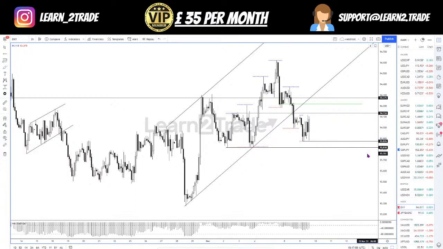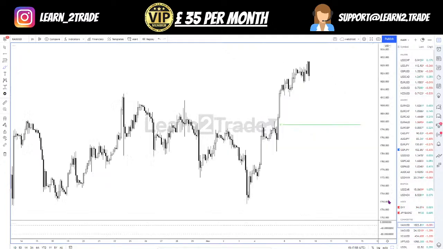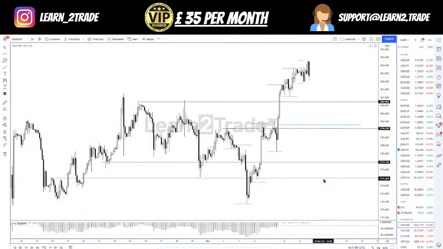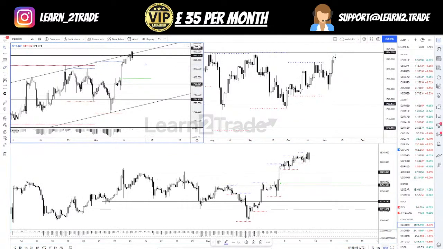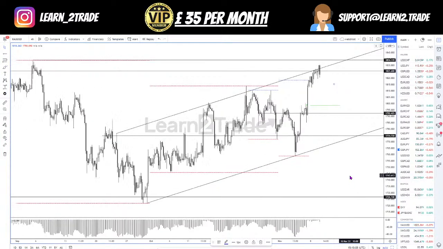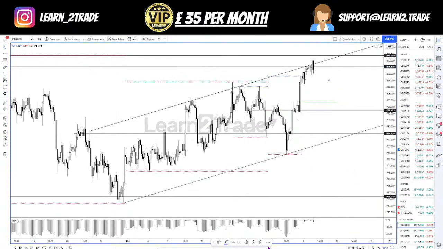Let's have a quick look at everything before we go. Gold. I remember at the beginning of the session, I was talking about the possibility of gold printing a reversal pattern here. But again, I'm not too keen on trading this at the moment.